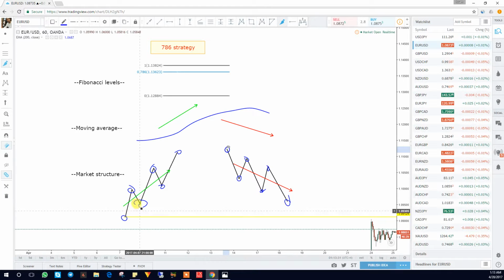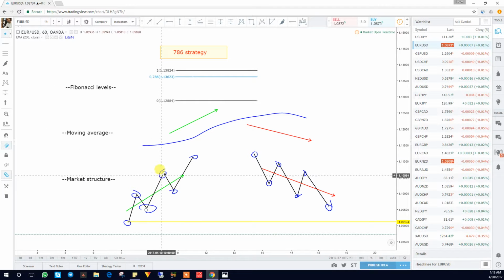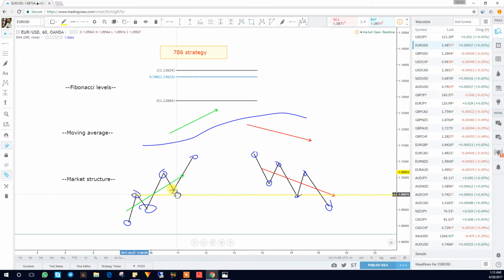But before we say that this is a higher high, higher than this point, the market should break and close above this high. This is a high, for example.